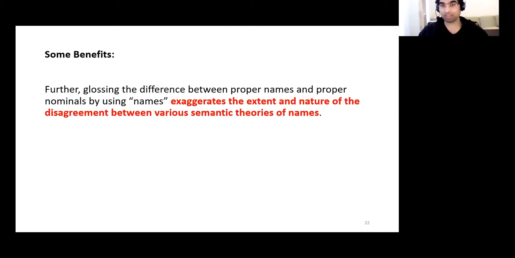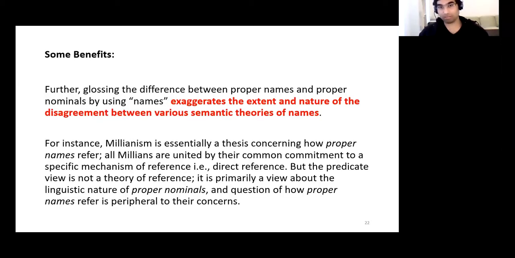Glossing the difference between proper names and proper nominals by using the ambiguous word names exaggerates the extent and nature of disagreement between semantic theories of names. So for instance, Millianism is essentially a thesis concerning how proper names refer. All Millians believe that proper names are directly referential. They refer directly without the mediation of descriptions.